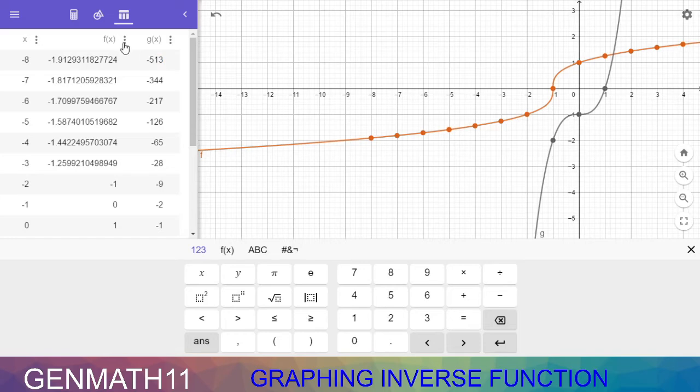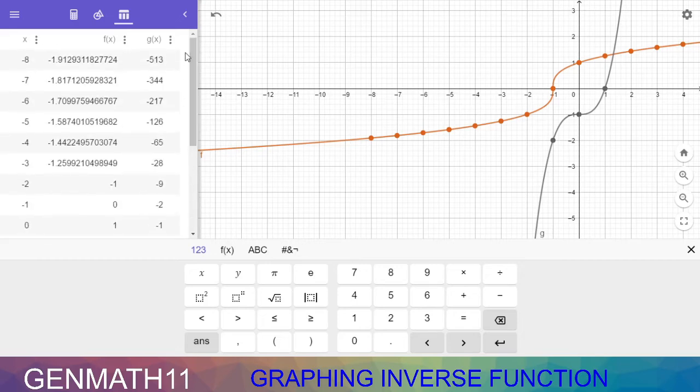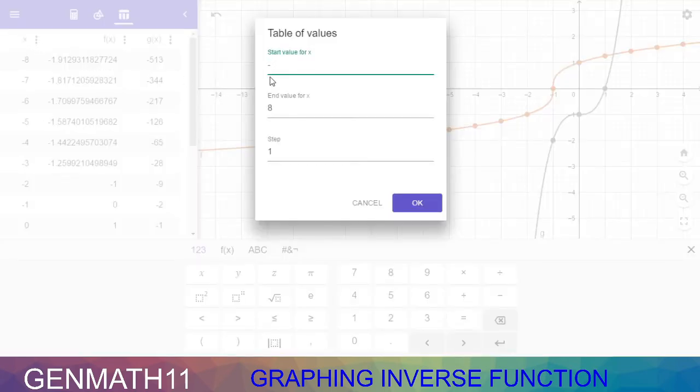Since dun sa nakita natin kanina, negative 513 pala dito. So, try nga natin kapag negative 513 yung x natin.